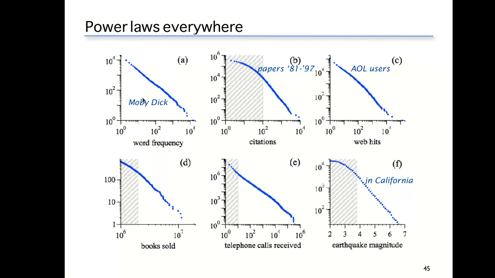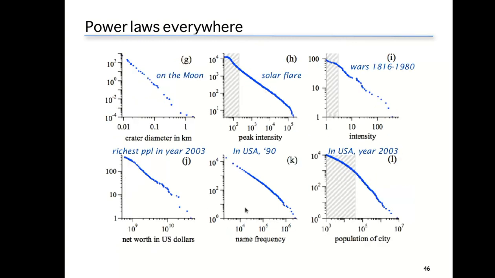In this case we are counting how many times a particular word appears, and it turns out that this is going to be power law. Citation of papers in a certain time frame also follows power law. Earthquake magnitudes in California or phone calls received. And in the next slide, well, I'm tired of listing all of these examples.